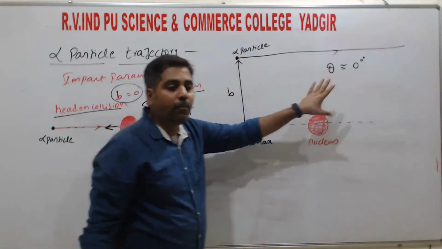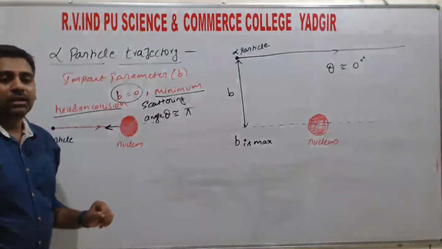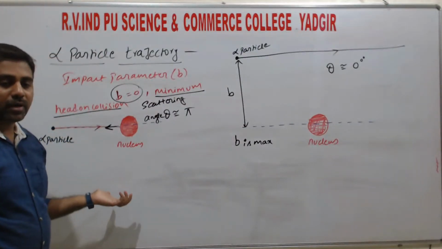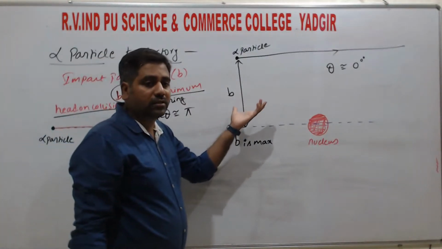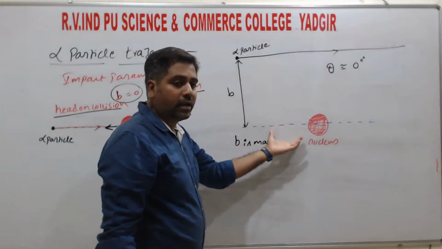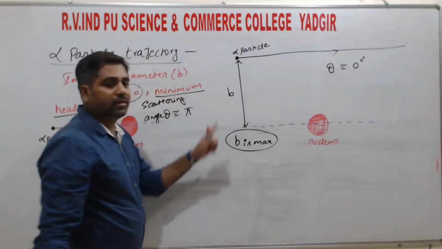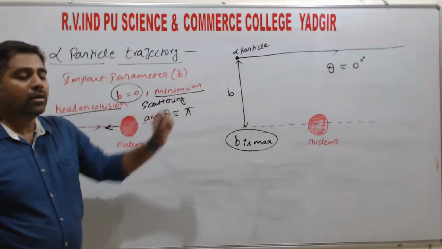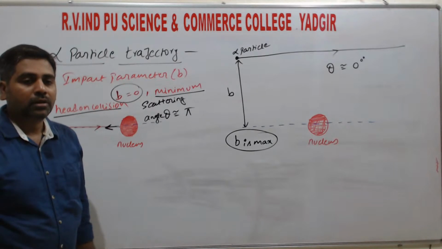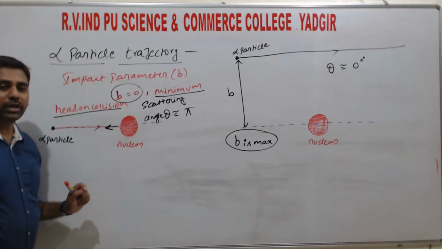Hence we are getting maximum low angle scattering. So in the last experiment, the first observation is the low angle scattering. That is the reason, because if the impact parameter is maximum, then there will be no scattering of the alpha particle. Right? So these are the two cases.